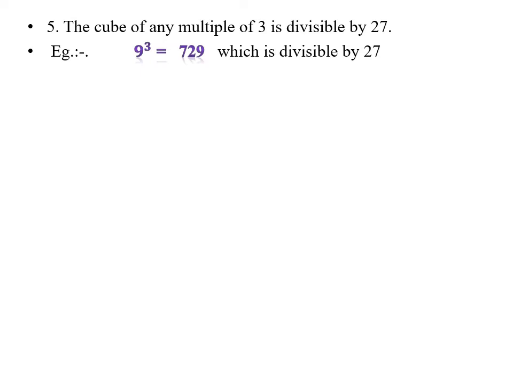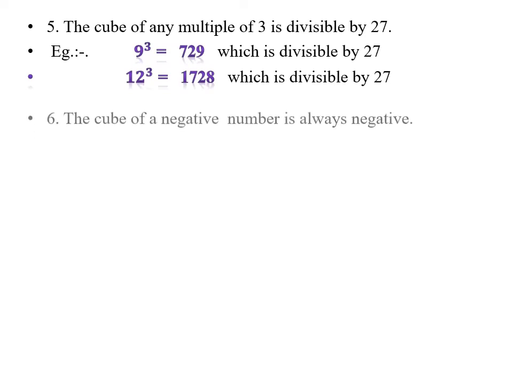Here we have taken 9. 9 is a multiple of 3, and therefore its cube is divisible by 27. So 9 cube equals 729, and if you divide 729 by 27, you will get the remainder 0. 12 cube, again 12 is a multiple of 3. So it becomes 1728, which is divisible by 27.